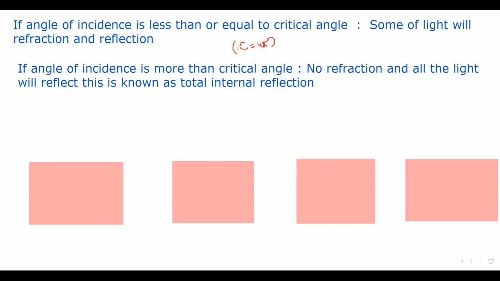Critical angle 42 means that when the angle of incidence is 42, the angle of refraction will be 90. That's why we call that the critical angle. These are the normals we draw. The light is traveling at different angles.